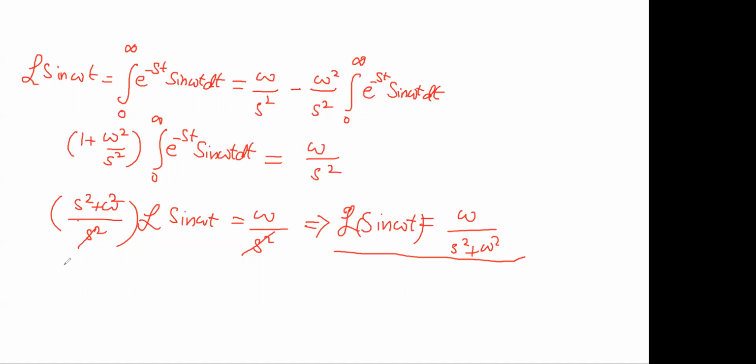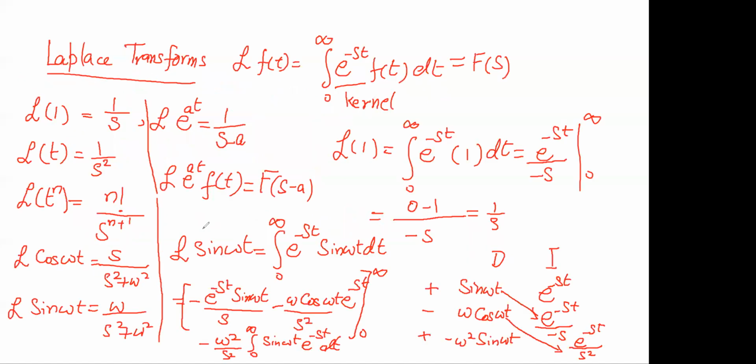One of the derivations is called the S shifting theorem. Okay, so what does the S shifting theorem state? It simply states that we know that the Laplace of f of t is F of s.